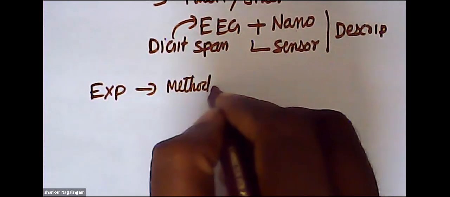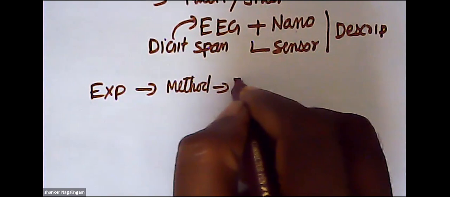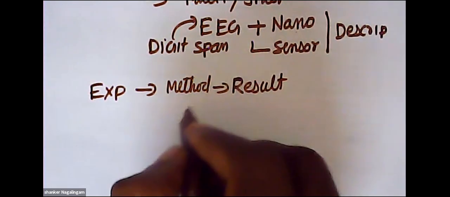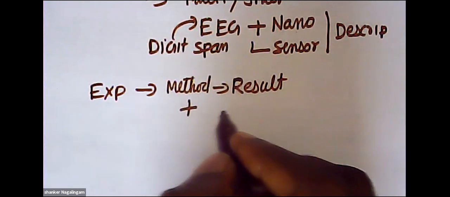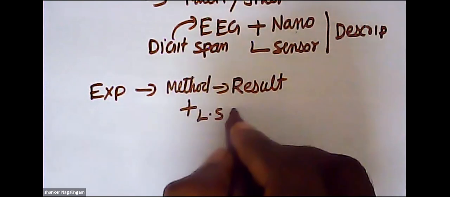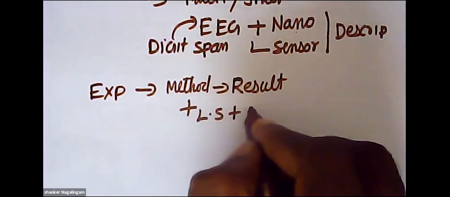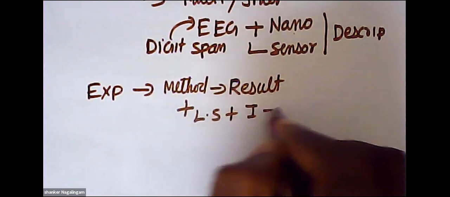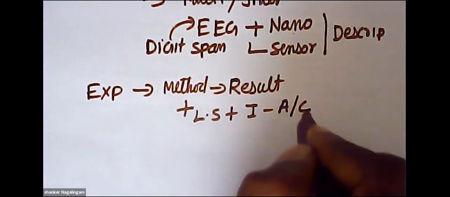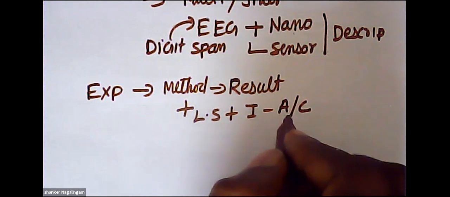Then after methodology, you go for the results and discussion. Then a very important thing is your literature survey, because according to this, the survey has to be done. Then you go for your introduction. Then finally you write your abstract, and finally your conclusion. The last is the conclusion. This is how you have to make it.